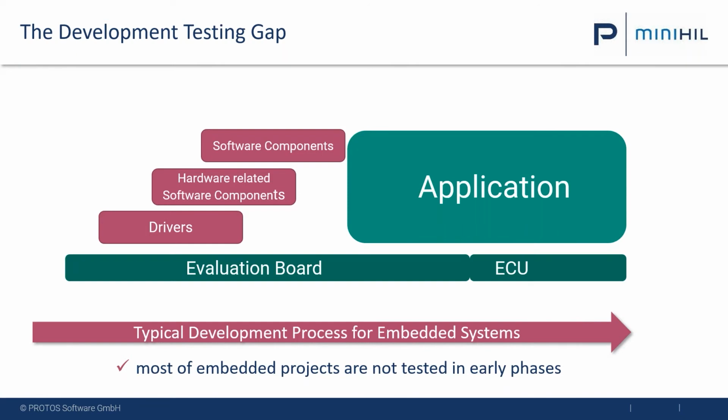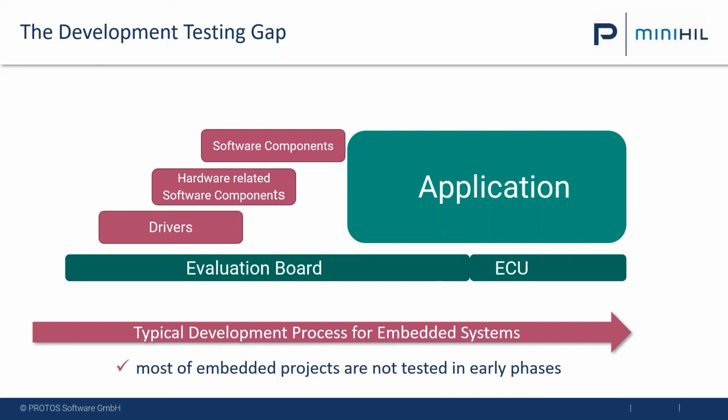Let's have a look at the development testing gap that exists in most embedded development processes. From the left to the right, you see the development process for an embedded system. In a typical project, you start with the evaluation board.